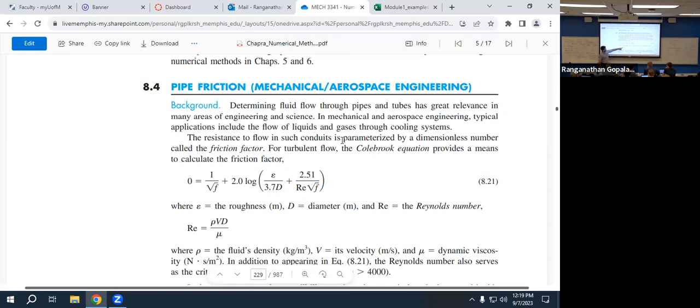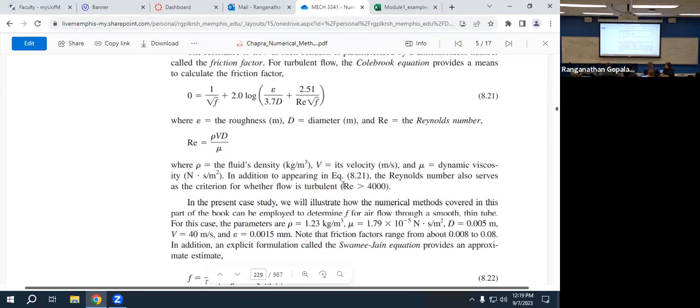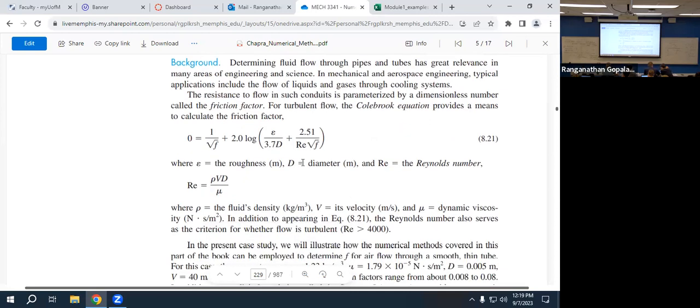Okay. So we'll tell you what each of the values are, and if the Reynolds number is above a certain value, in this case, the flow is turbulent, and if it's a turbulent flow, the friction factor is given by this ugly equation. You need to calculate the friction factor, which is given by this equation.